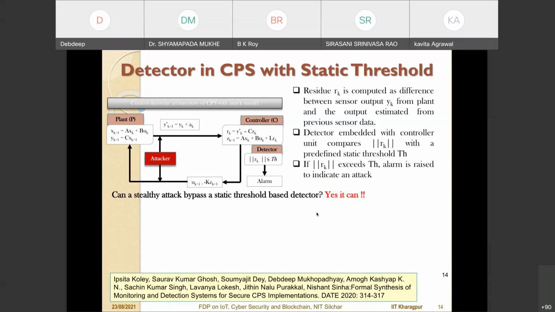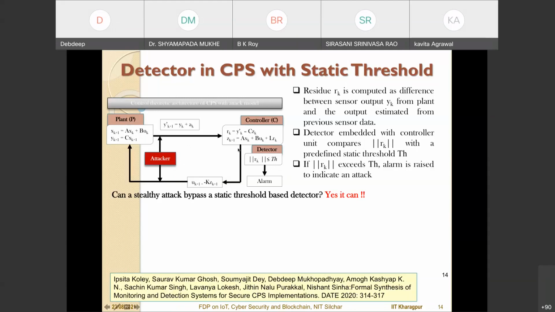What the attacker does is try to modify the output of the plant and the controller in a manner so that the detector cannot understand that the difference is being created by the adversary. The detector measures the difference between the output of the plant and the controller's output and ensures that the absolute value of that is always smaller than a decided static threshold.